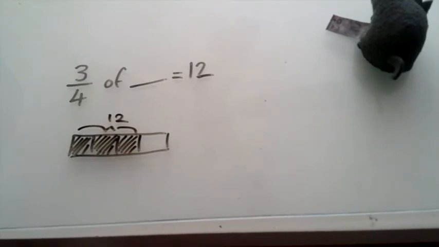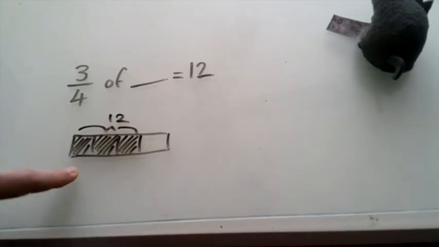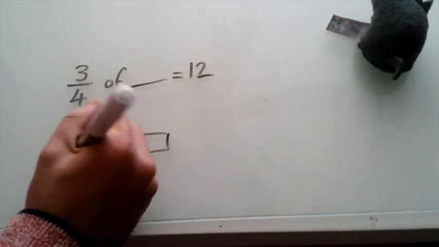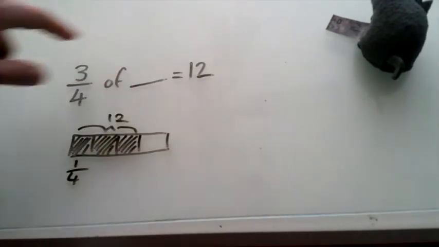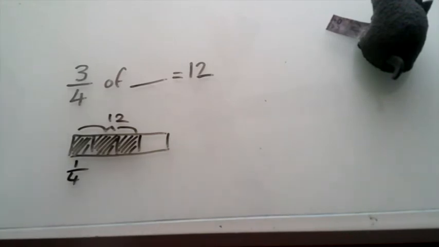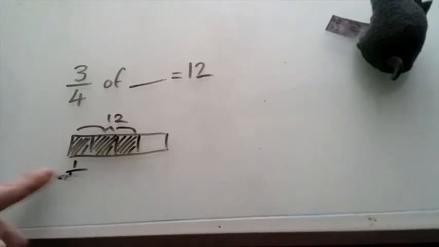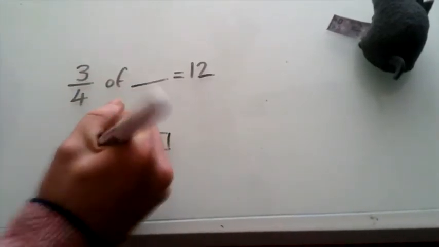So first of all we need to work out how much 1 segment would be. So 1/4. So to work out a quarter we need to do 12 divided by 3, because we've got 12 and we want just one of those 3. So 12 divided by 3 will give us 4.